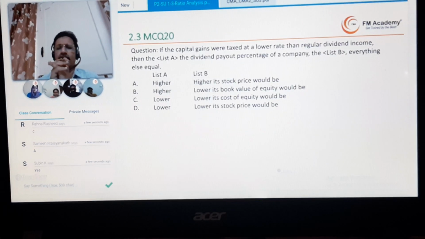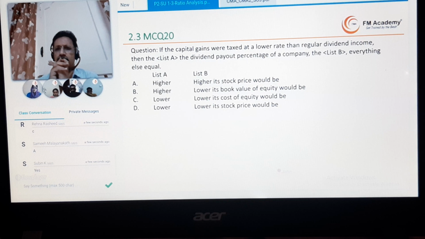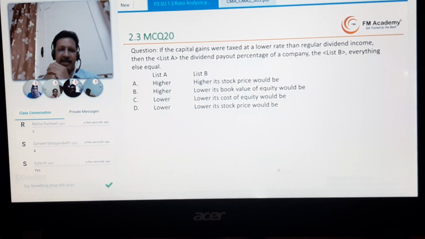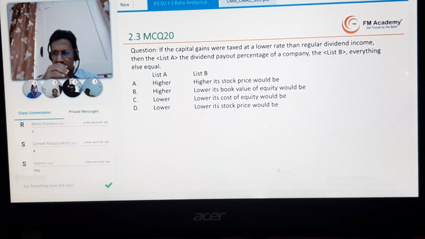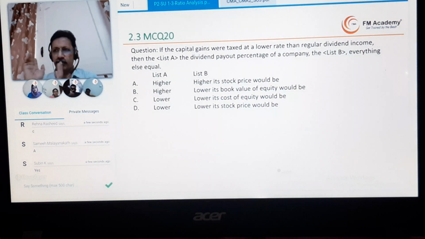See, I told you that there are many capital structure theorems. Some of the theorems say that dividend is irrelevant because if you compute the total shareholders return, that is dividend yield plus the capital appreciation, I said.